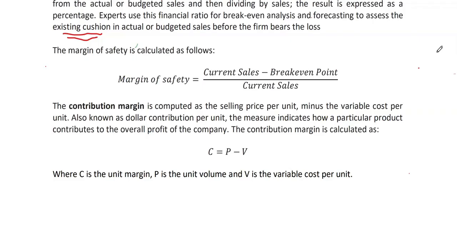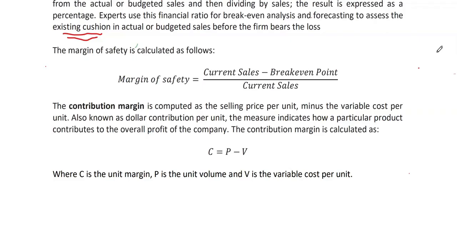Okay. I was saying now the margin of safety tells you a number of things, 3 of which are these. It tells you the percentage of your sales that you can afford to lose and still not be in a loss-making position. That's one.